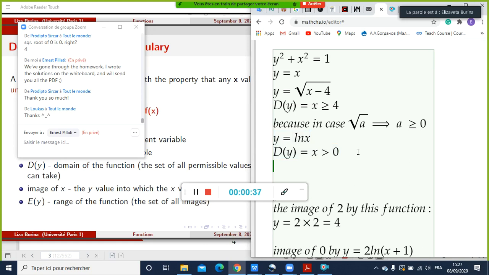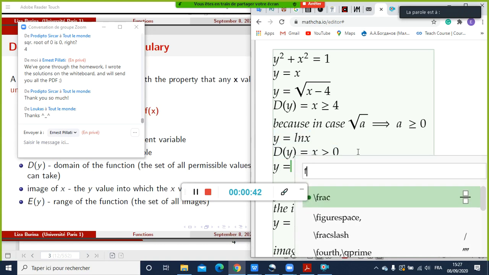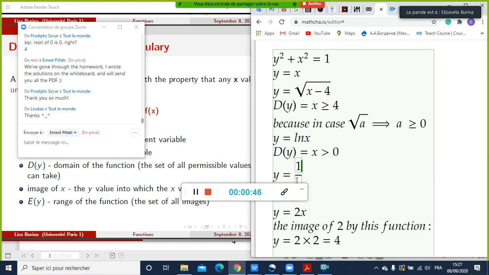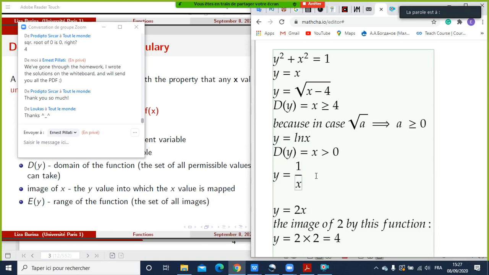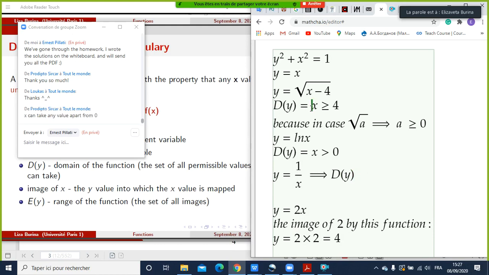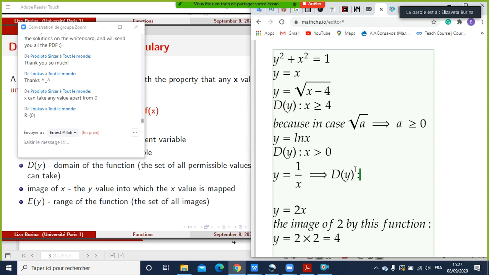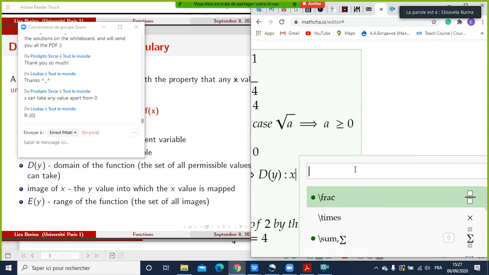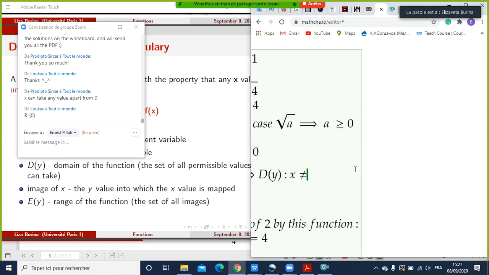And for a function like y equals 1 over x, the domain of y will be, well, actually the equal sign is also not super correct, so the domain is such that x is not equal to 0.